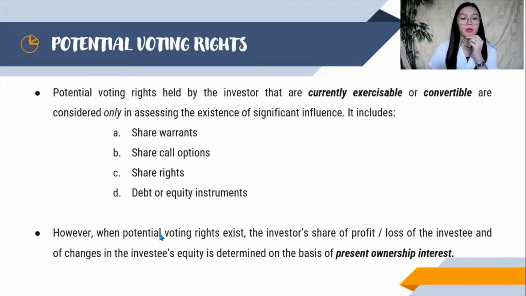So kung meron ng potential voting rights na hawak si investor, tapos kinonsider natin siya in assessing kung meron ng significant influence or wala, hindi natin gagamitin yung na-compute natin doon sa pag-compute ng share natin sa profit or loss ni investee or doon sa changes sa equity ni investee, but yung gagamitin natin is yung present na ownership interest natin. So, i-exclude natin yung effect nung potential voting rights.